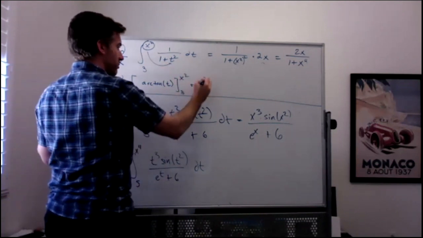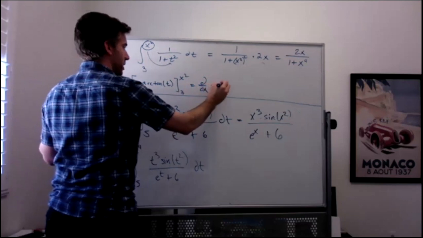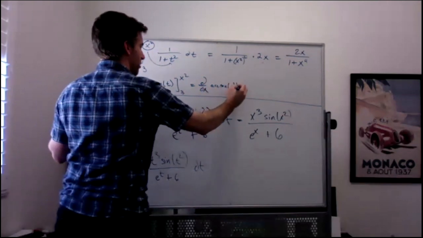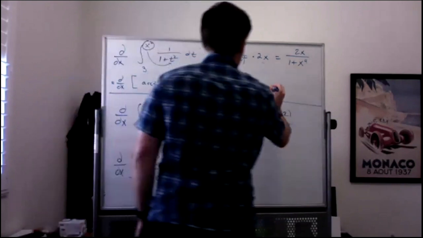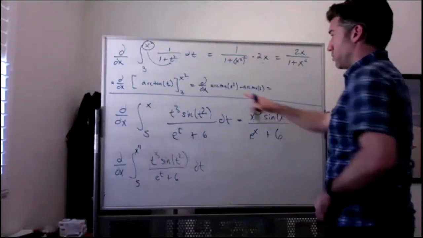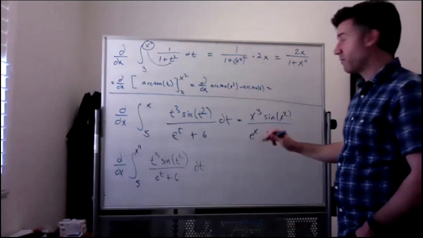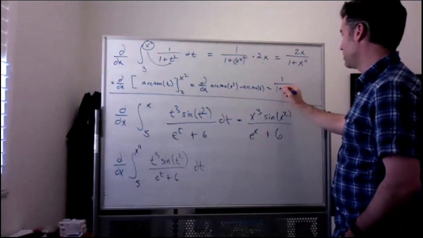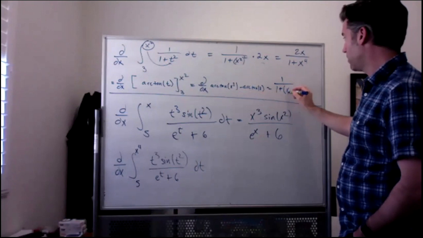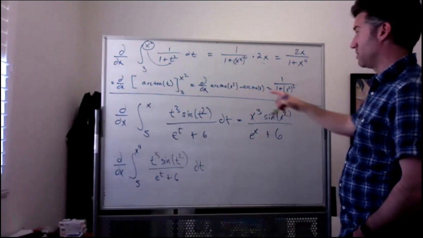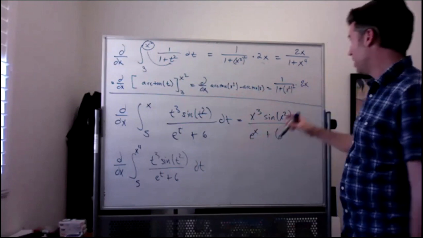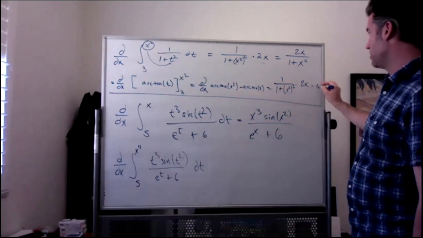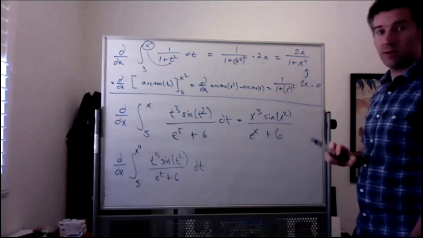So then I plug in the arctangent of x squared minus arctangent of 3. And then the derivative of arctangent of some stuff is 1 over 1 plus the stuff squared times the derivative of the stuff, right? It's really just literally the chain rule. And then minus the derivative of this is just minus a 0. And that's equal to that.